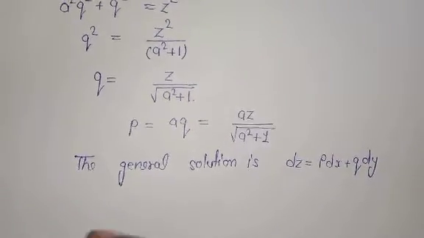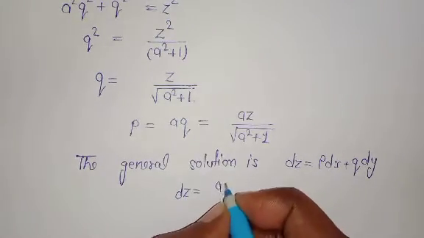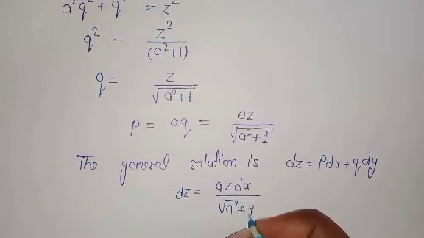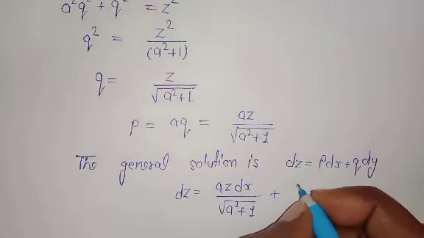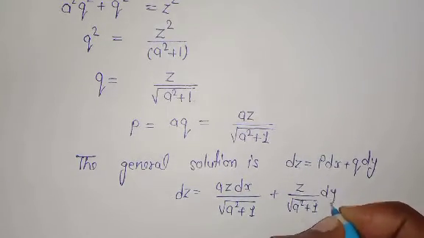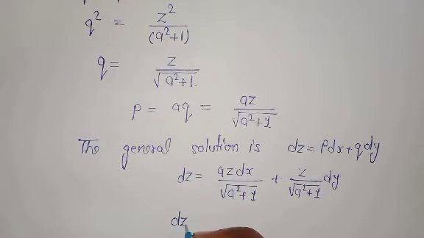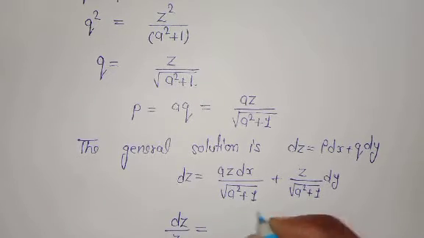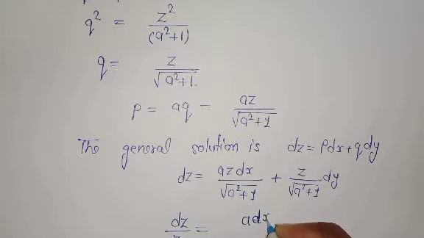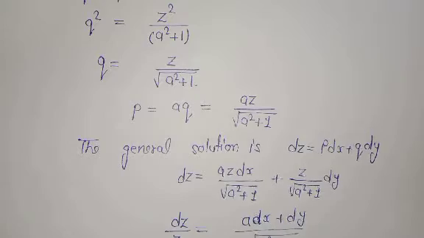Now we are going to put the values, so this becomes dz is equal to, in the place of p we put az dx upon root (a squared plus 1), plus in the place of q we put z by root (a squared plus 1) into dy. Now if we take the terms of z to one side, this becomes dz by z is equal to (a dx plus dy) by root (a squared plus 1).